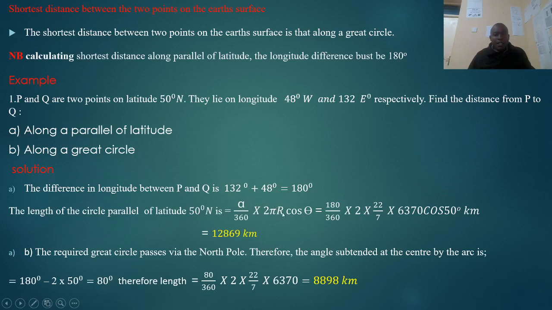Remember it is a latitude, and this is how we calculate: alpha over 360 times 2 pi r cos of theta. This theta becomes 50 degrees because that is the latitude, and alpha becomes the longitude difference. So it is 180 over 360 times 2 times all this, cos of 50, which gives you 12,869 kilometers.